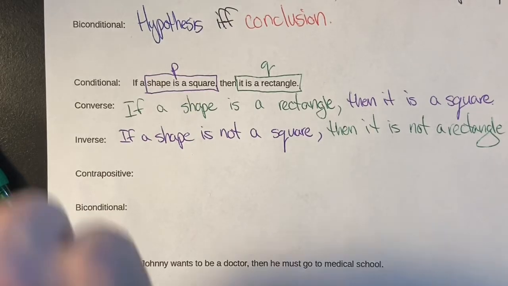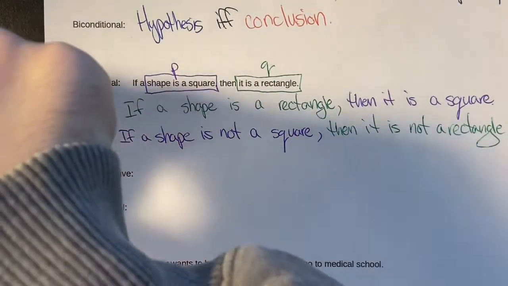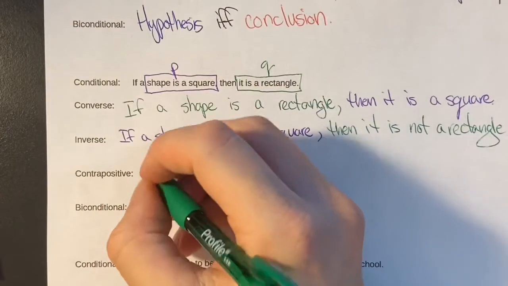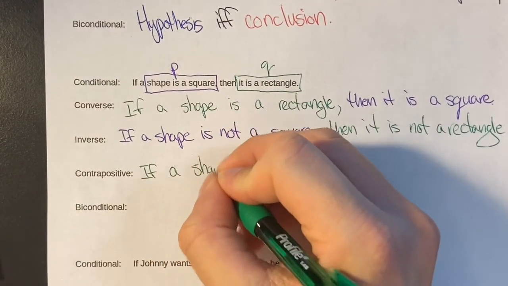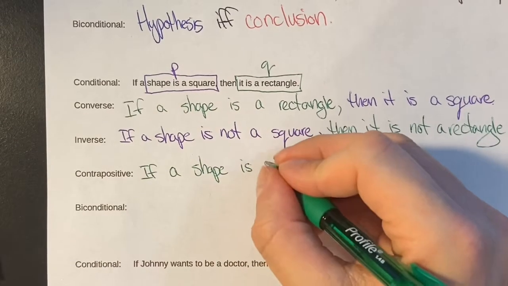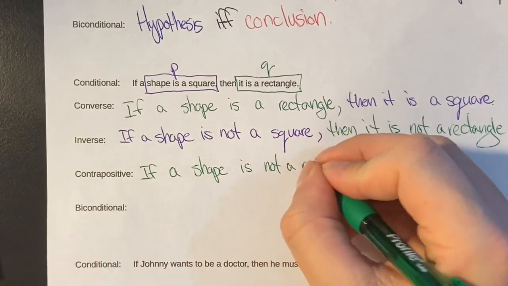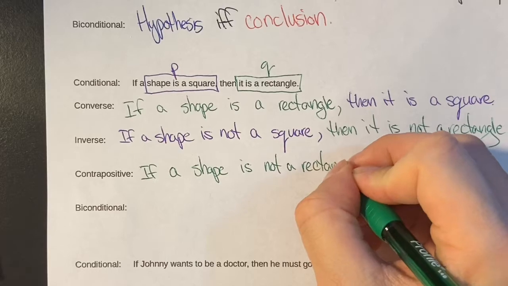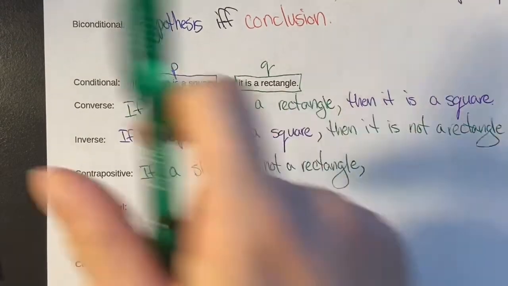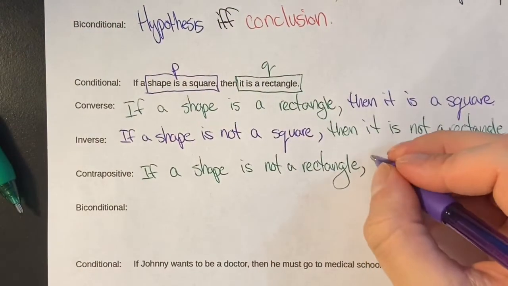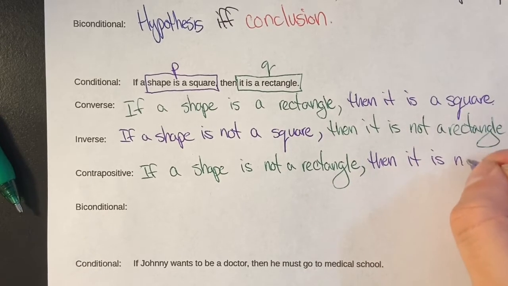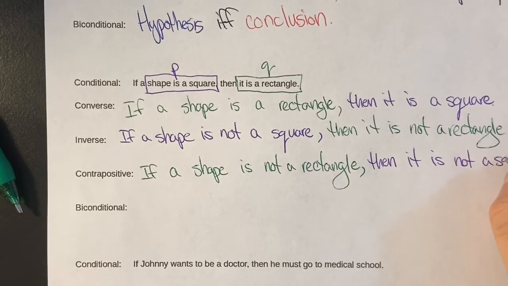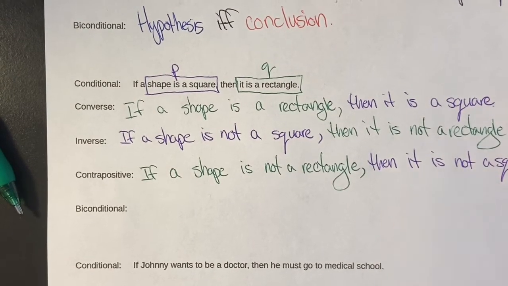A contrapositive is like a converse with inverse words thrown in it. So if a shape is not a rectangle, then it is not a square. Just made it.